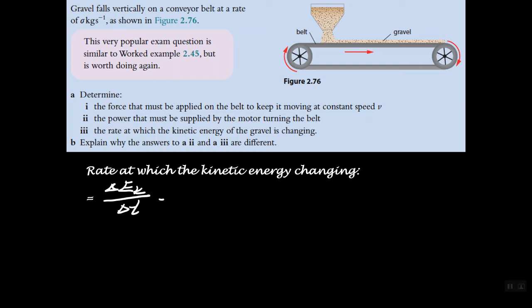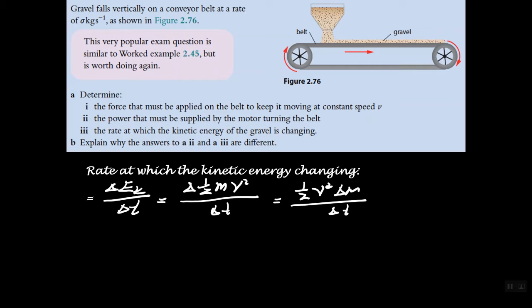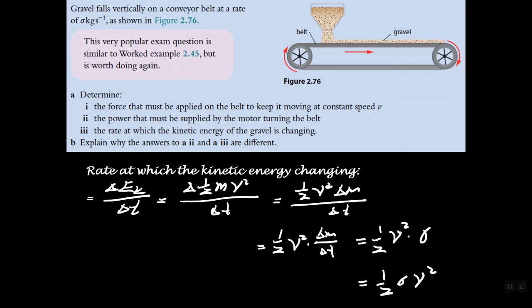Change in kinetic energy equals 1 over 2 m v squared over delta t. Velocity is constant and the 1 over 2 is constant. So we have 1 over 2 v squared delta m over delta t. And delta m over delta t is sigma. So we have 1 over 2 sigma v squared.